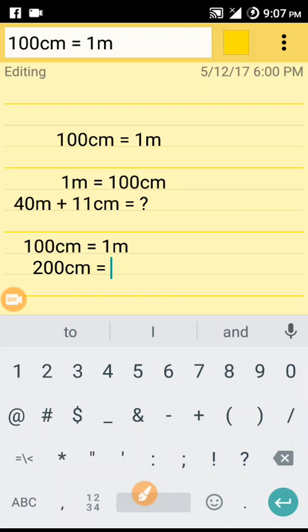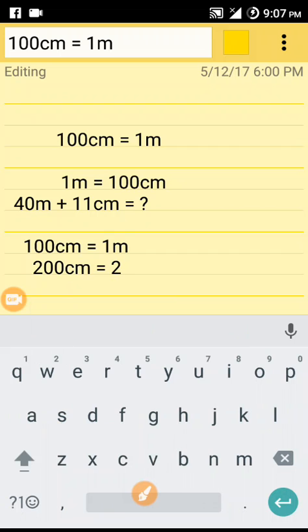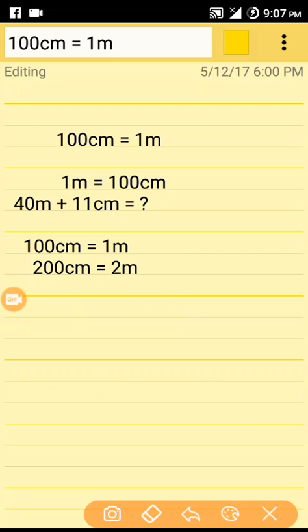If 100 centimeters is giving us 1 meter, then 200 centimeters should give us what, in meters? I believe it is 2 meters. So if you did that, then you are correct.